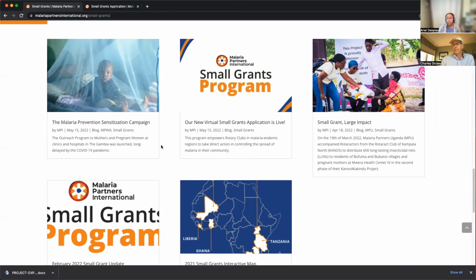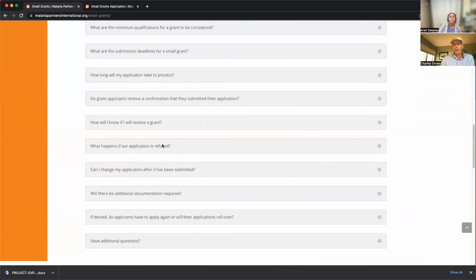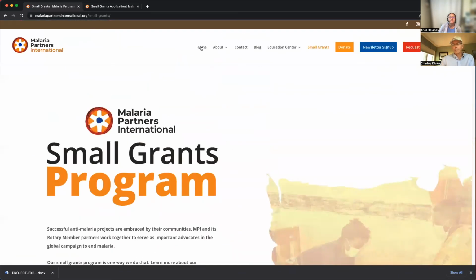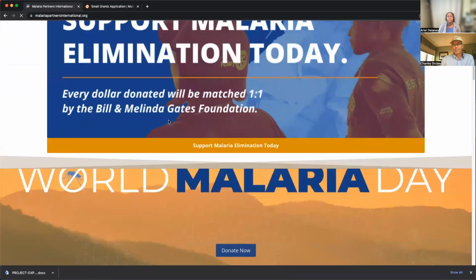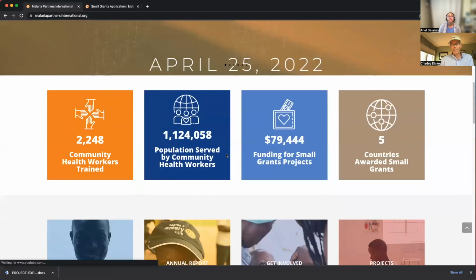So I would encourage applicants to look at some of those past successful projects to get an idea of some of the funding available and the various options out there. Exactly. Excellent. And I like that on our front page of our website, we have actually shared how much we've funded to date and what countries we've awarded small grants to.